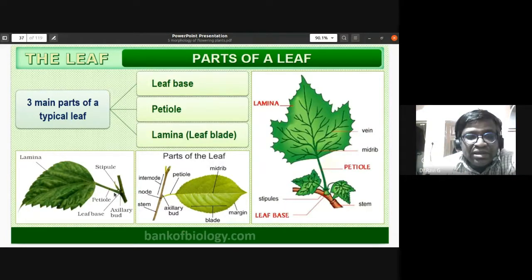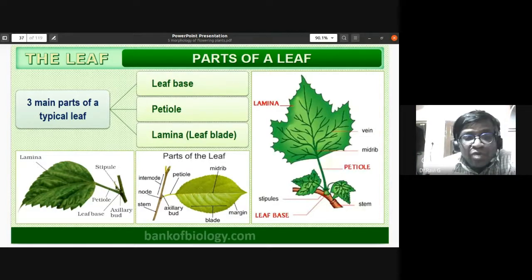You can notice the leaf base and the leaf stalk, which we call the petiole. The entire surface of the leaf we call the leaf blade or lamina. The margins of the leaf you can notice there. A prominent midrib is there. Veins and veinlets are there. You can notice this reticulate venation.